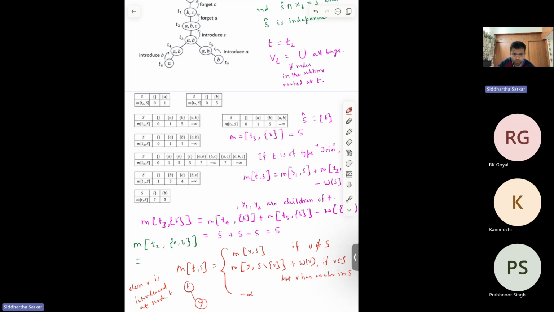Then, since you cannot pick an independent set with a vertex and its neighbors, the value is minus infinity.